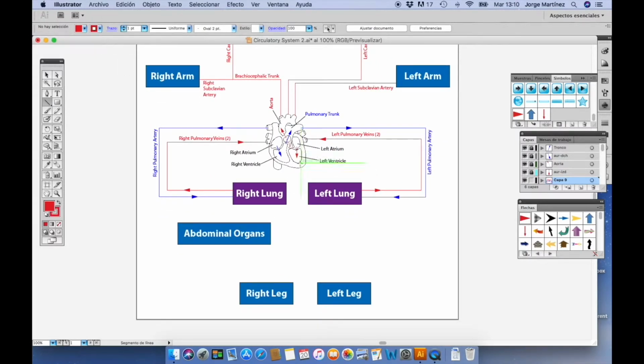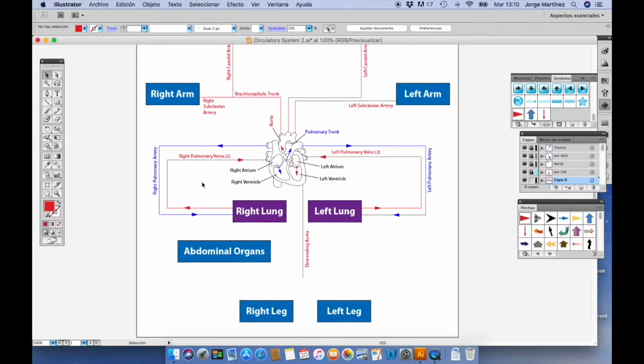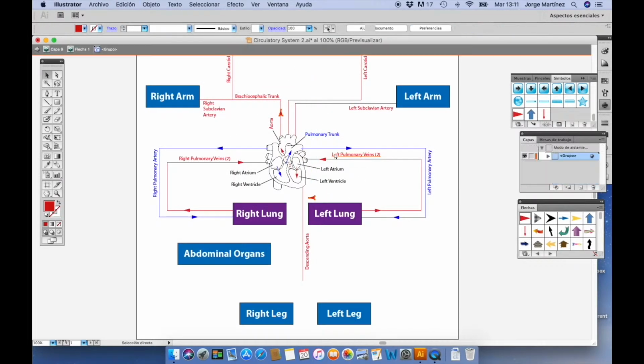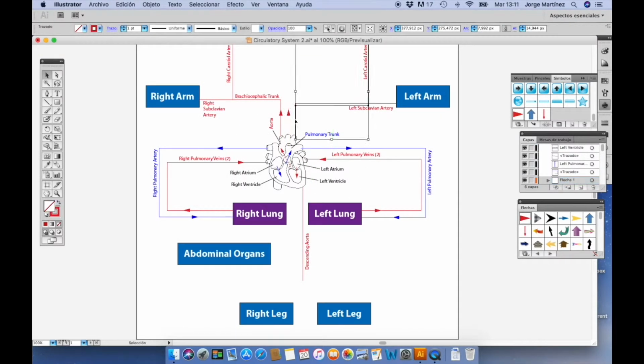After these three divisions, the aorta turns down, crossing the thorax and the abdomen. There are several arteries that irrigate the thoracic and abdominal organs.